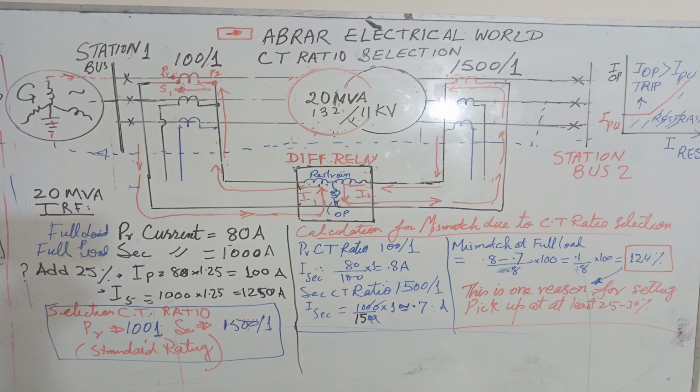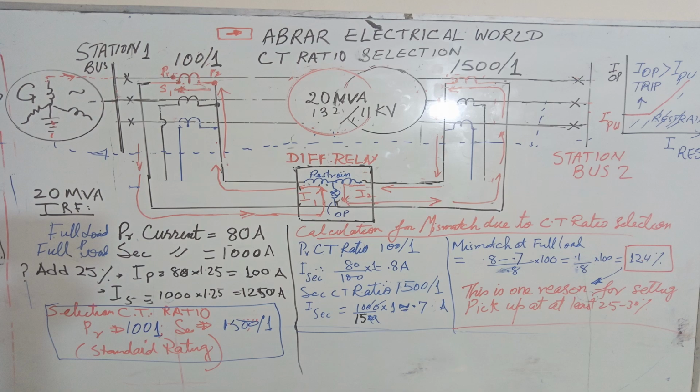Therefore, there will be a mismatch of 12.5%. So we have to account for this 12.5% while making the pickup value setting of the differential relay, plus the saturation factor error and the error due to the voltage tap changer current magnitude.